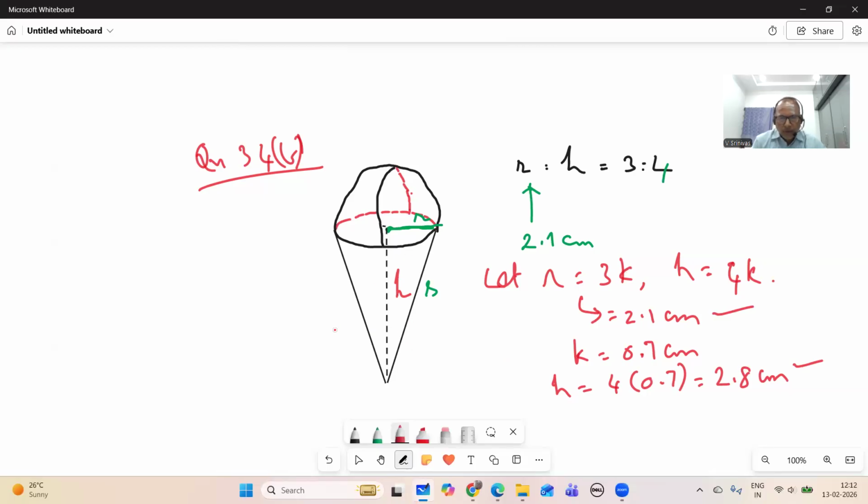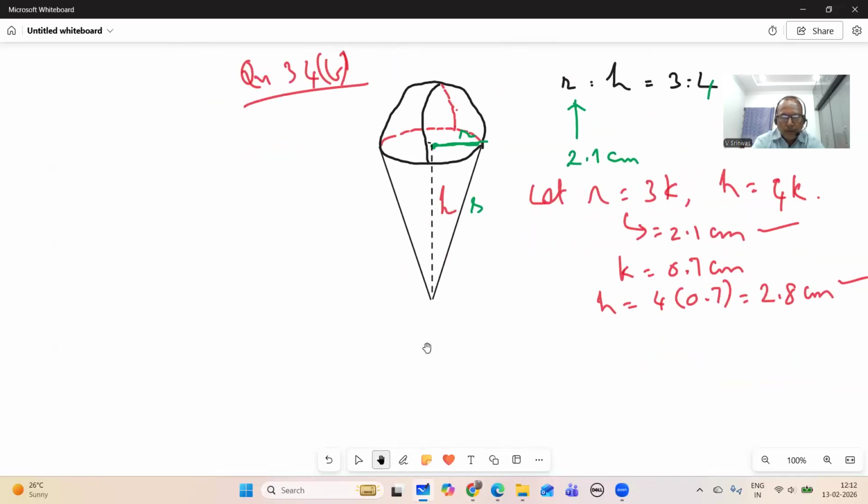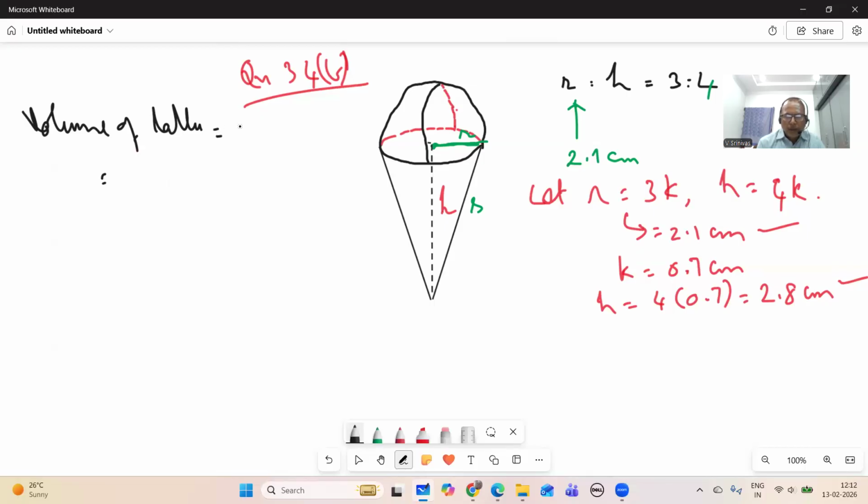Okay, how? What is the formula for volume of the cone? Volume of the toy is equal to, what is volume of cone? It is 1/3 pi r square h.